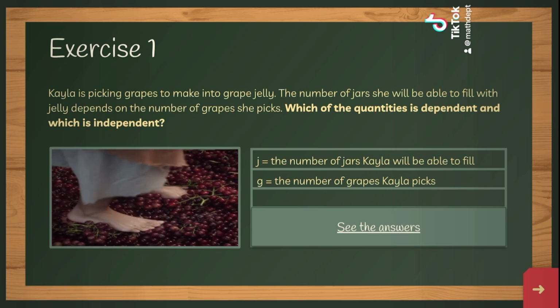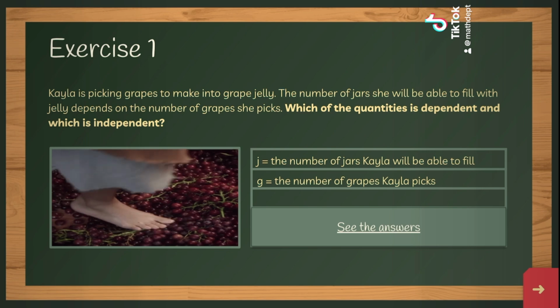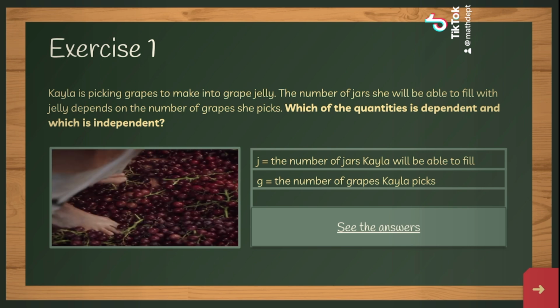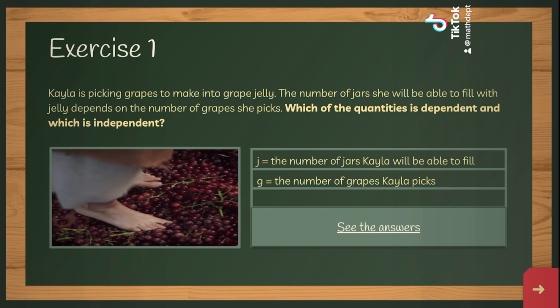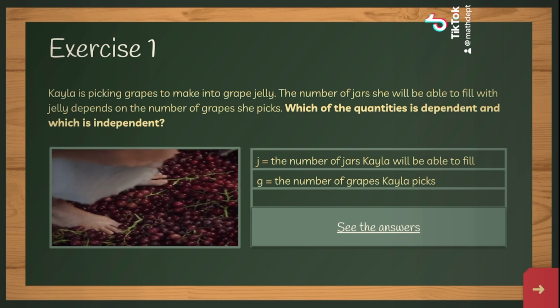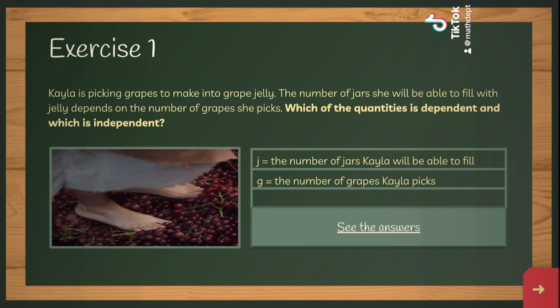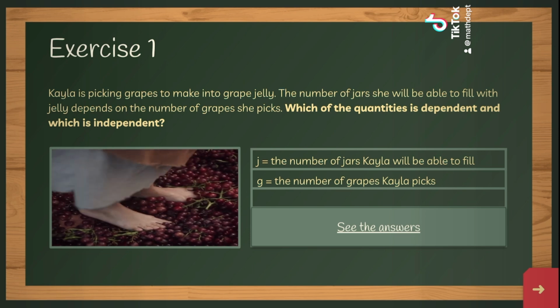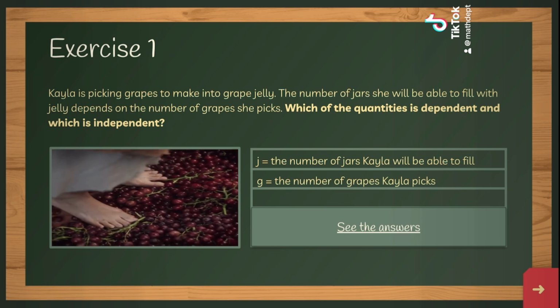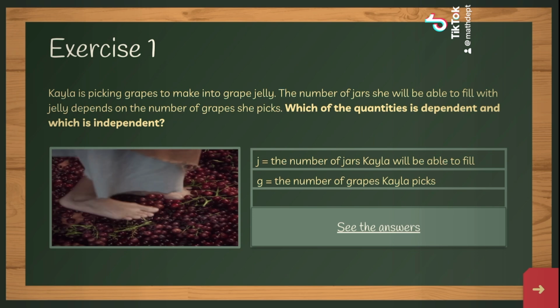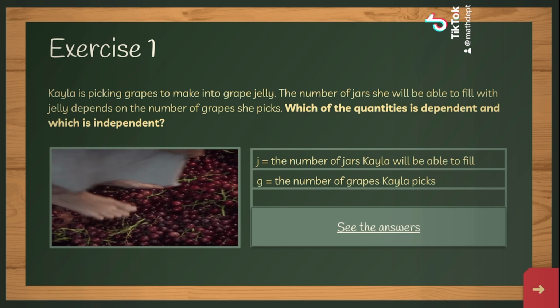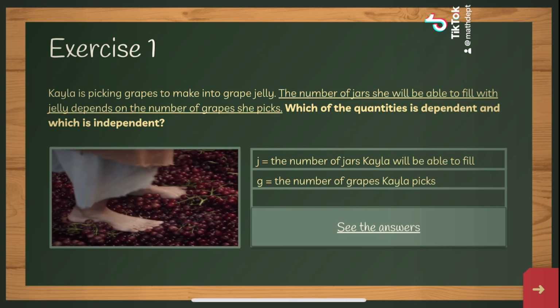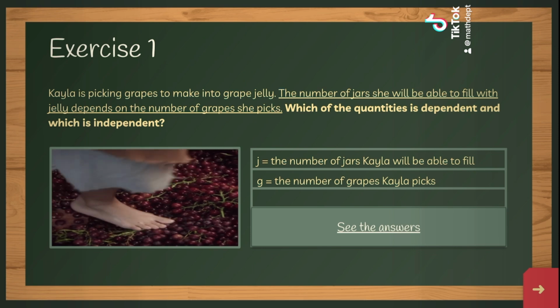The wording of the question helps us to figure out which quantity is which. The question says the number of jars she will be able to fill with jelly depends on the number of grapes that she picks. Remember, by definition, the dependent quantity is the quantity that depends on the other one.